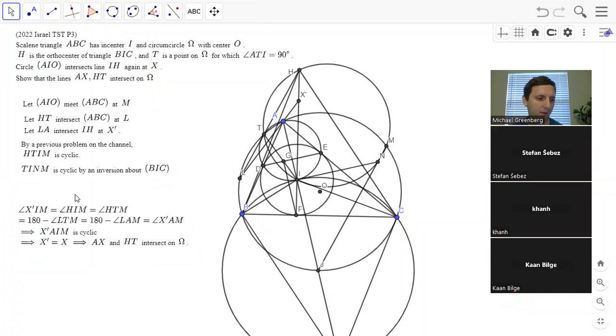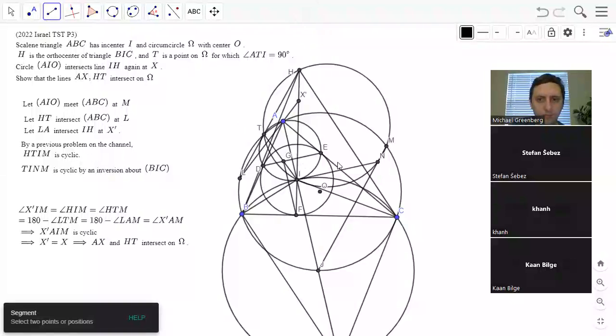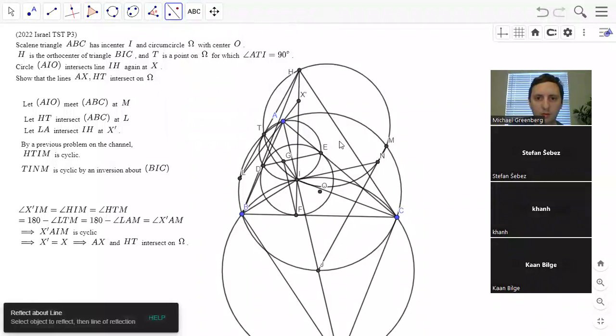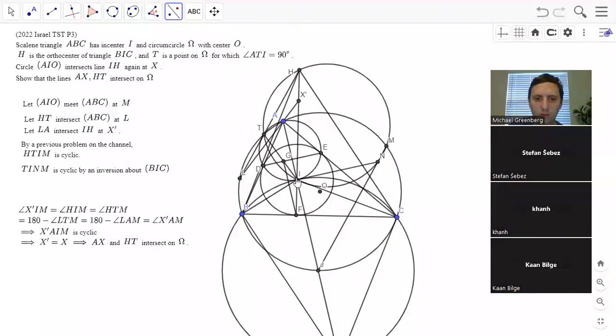Okay, so can you let L be the reflection? Oh, actually, you already have L. So can you call the reflection of I with respect to line MJ? Yeah, let's call it I prime.